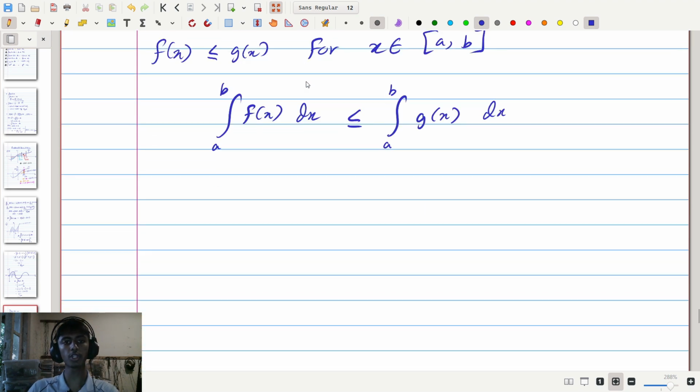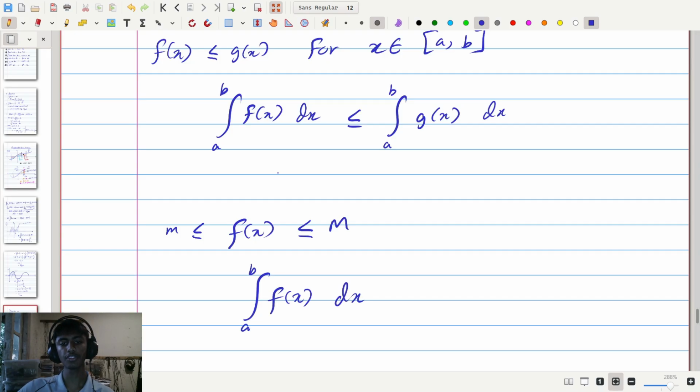The next theorem builds on this one and says that if f of x is bounded in between two values, let's say a minimum value m and a maximum value capital M, meaning f of x is somewhere in between these two values, then the integral from a to b of f of x dx is going to be somewhere in between the values of m's integral, which, since m is a constant, is going to be mx evaluated from a to b, which is m times b minus a.